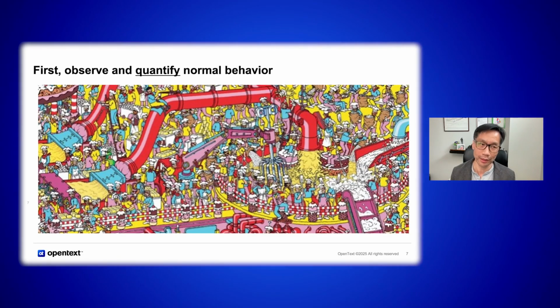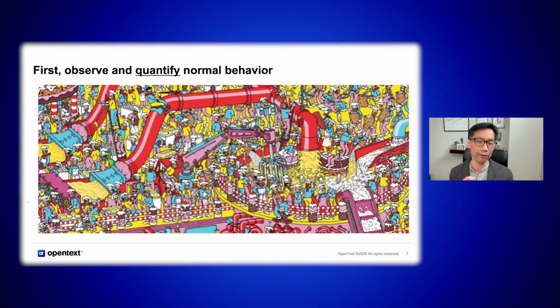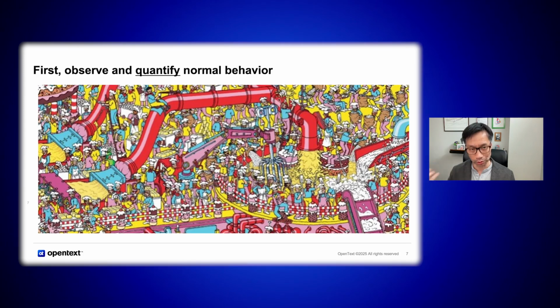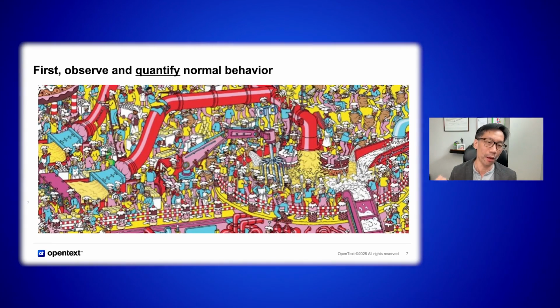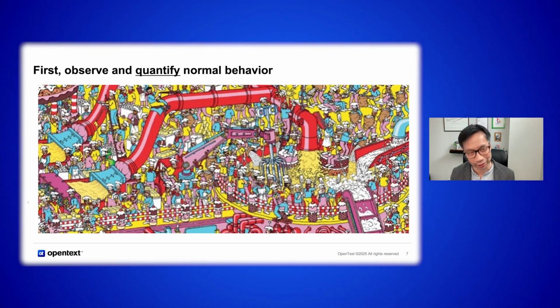And the way to do that is step 1: I want you to think of all the normal behavior that every single one of these users in your system might be engaging in. And I want you to think about representing that normal behavior as a number. So everyone, of course, gets a different number because everyone is different, right? Every user is different. Every user is unique.